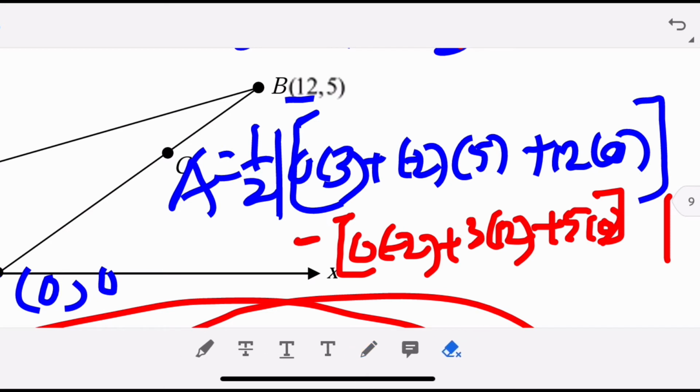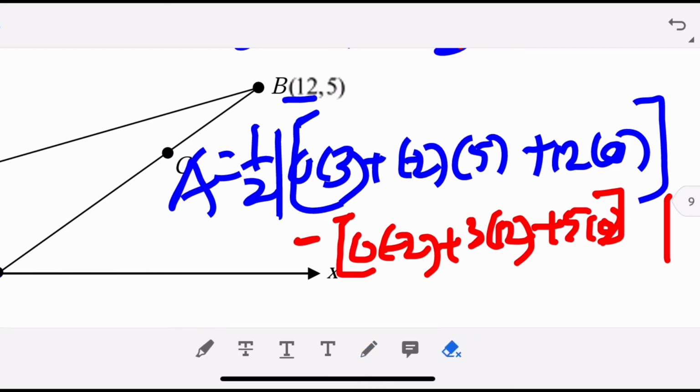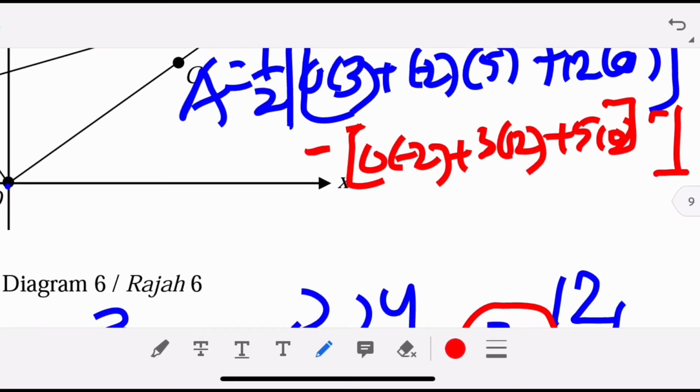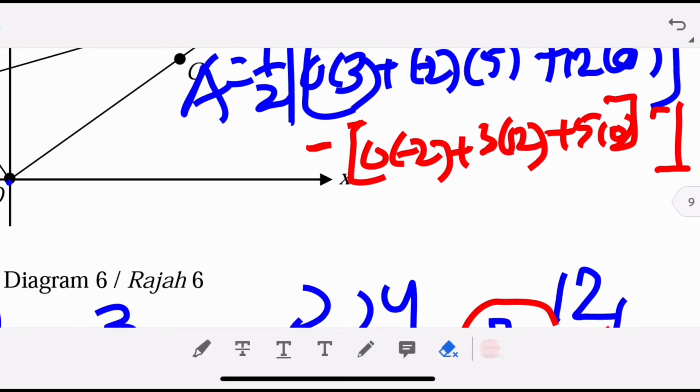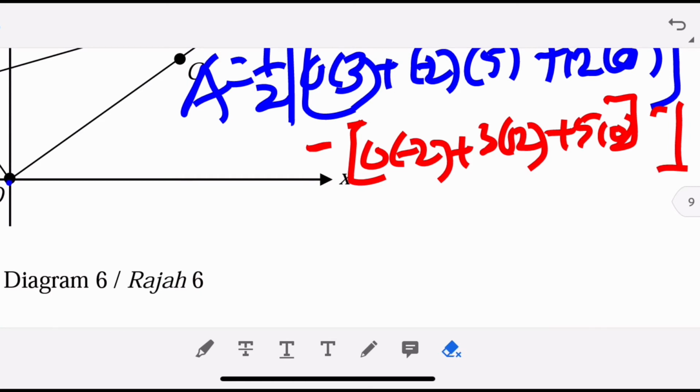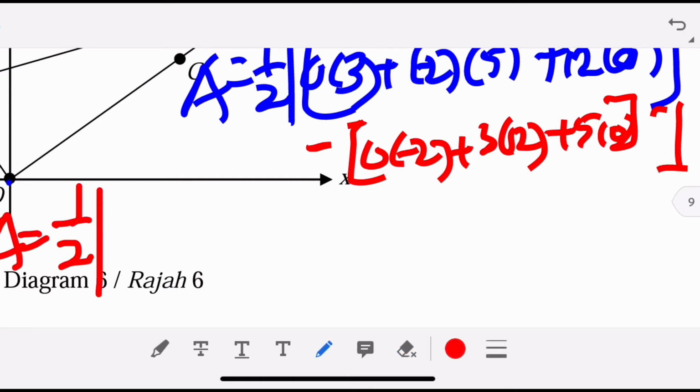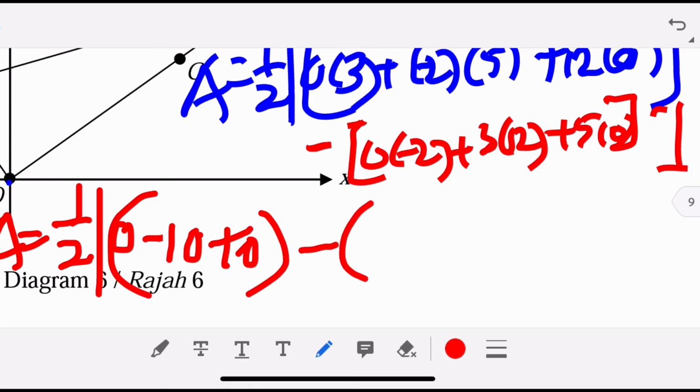We simplify the blue color one first, we don't simplify one by one, and then minus the red color one, meaning that we focus on the clockwise one, then minus the anti-clockwise. Okay, that's more systematic. Make sure you put brackets when you cross multiply.